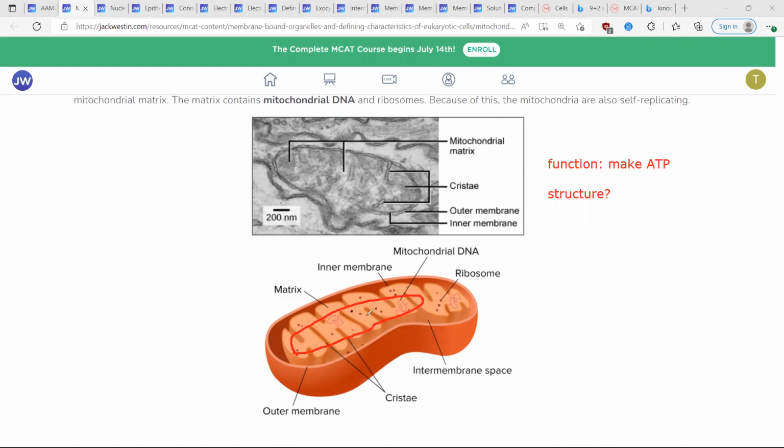The reason that one is better than the other is because having these infoldings gives us more surface area. More surface area gives us more sites to do the electron transport chain, so we can make ATP more effectively. More ATP is made because we just have more space to do it. So that's why we have these infoldings.